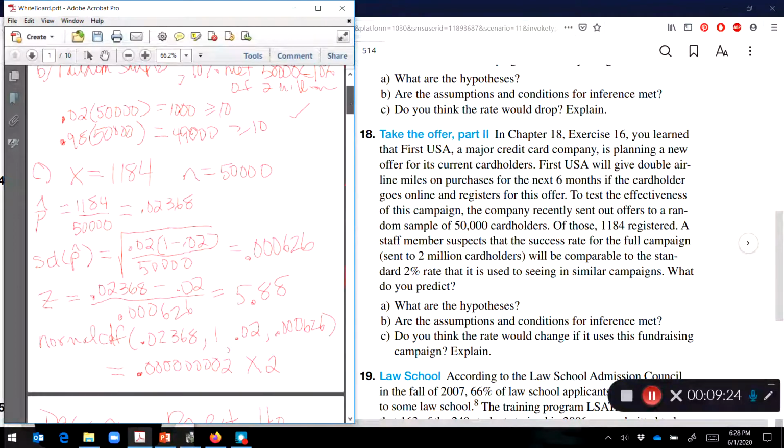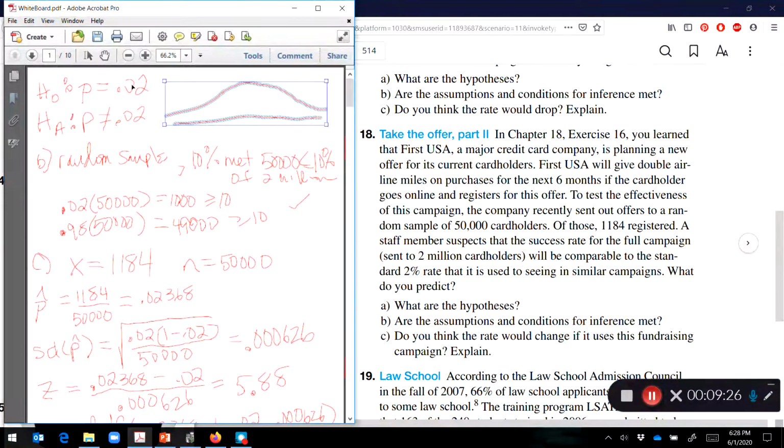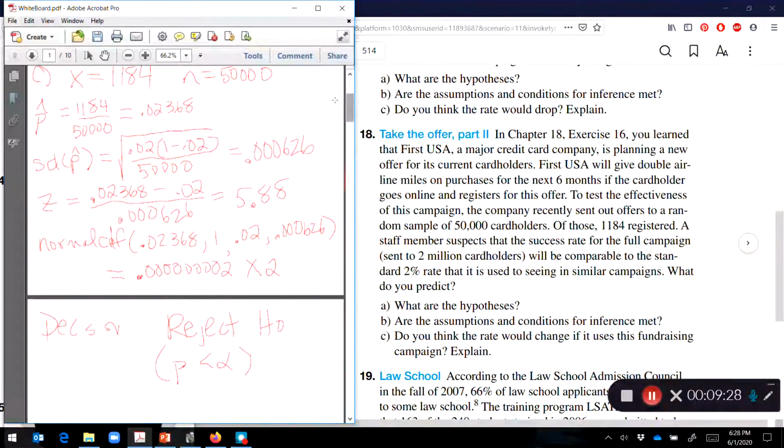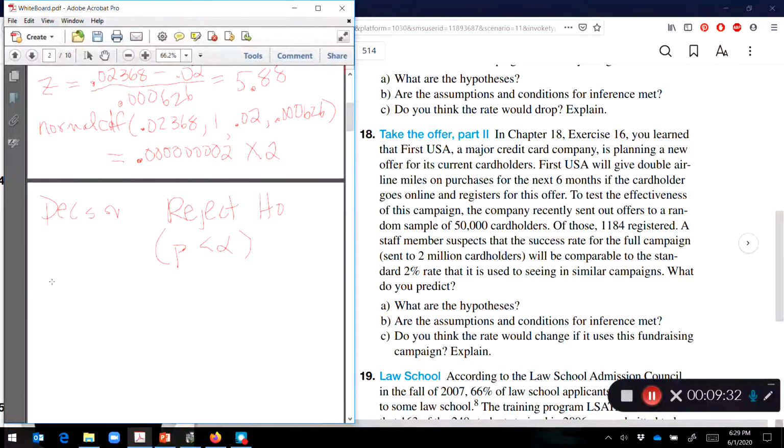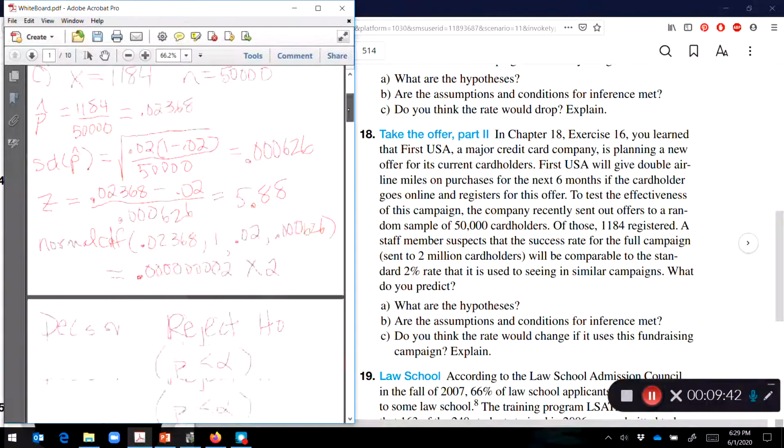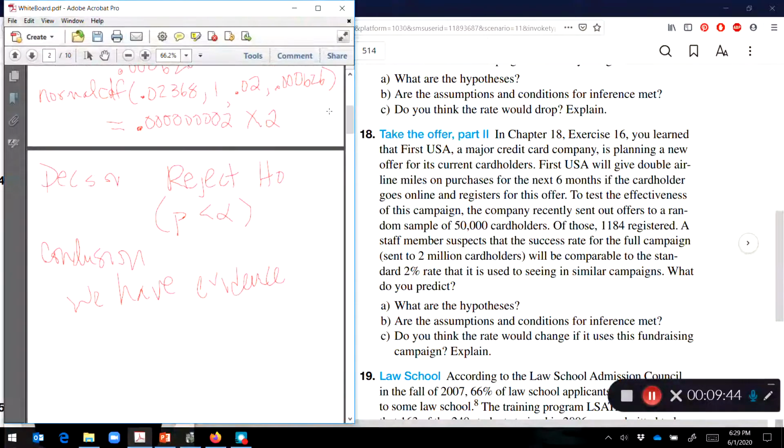Okay, what does rejecting the null hypothesis mean? We don't believe that's true. So, in fact, ours was bigger, so our conclusion then is we have evidence to believe more than 2% will register.